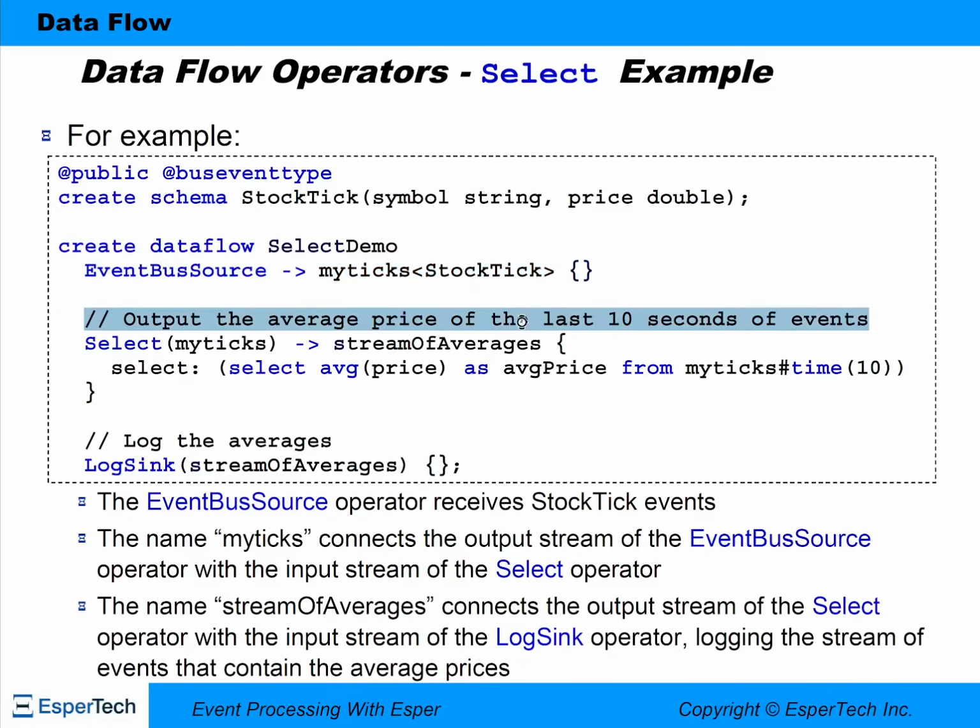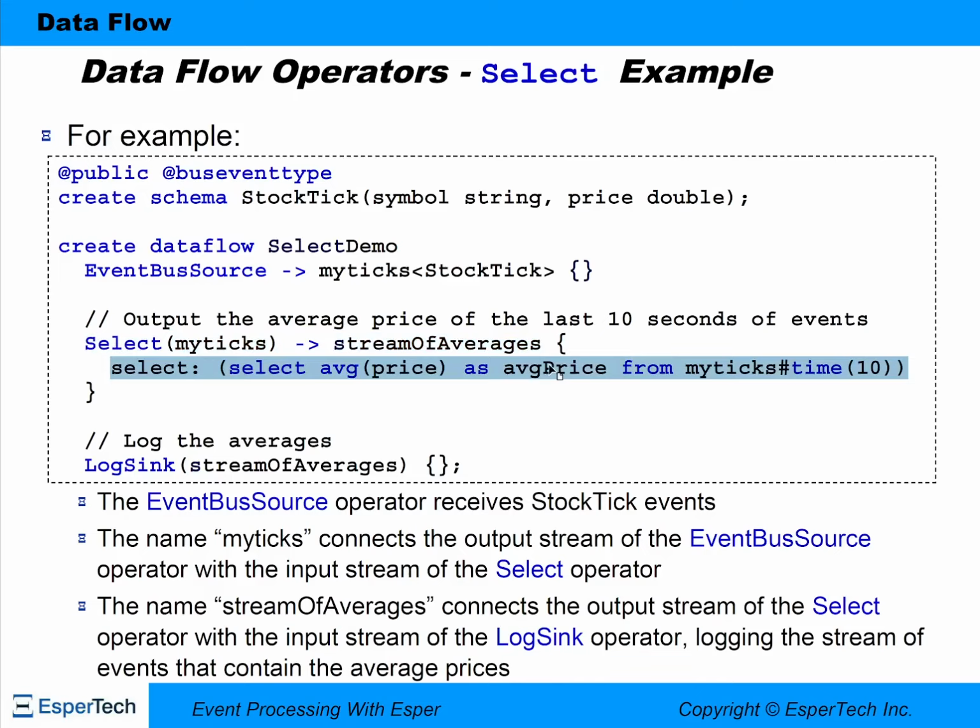Output the average price of the last 10 seconds of events. Select takes mytics, produces StreamOfAverages {select: (select avg(price) as avgPrice from mytics#time(10))}. Log the averages.